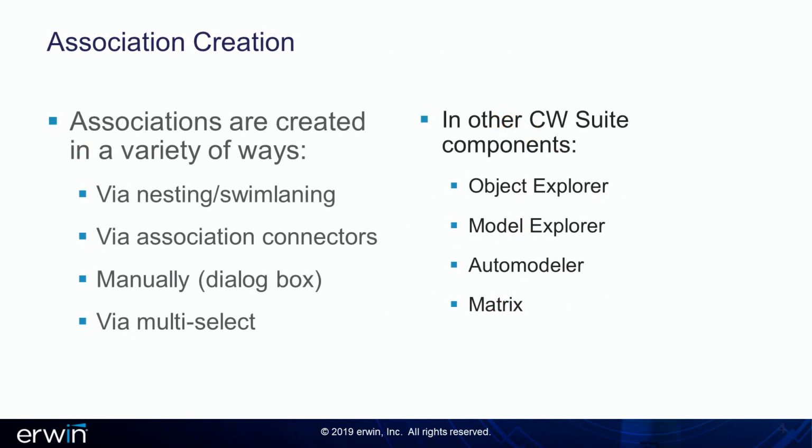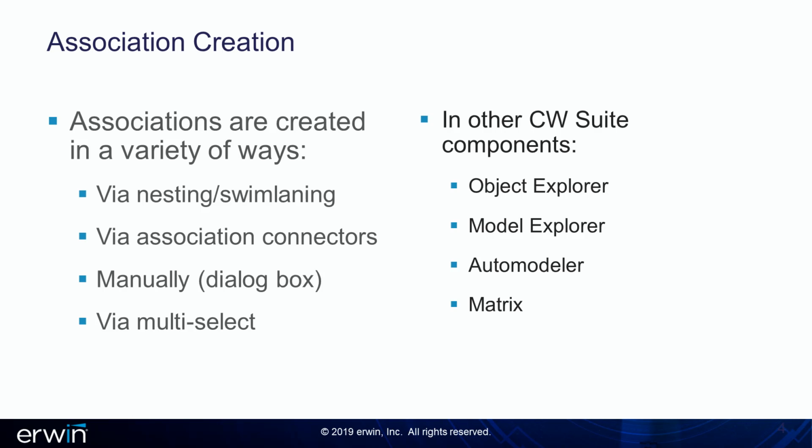There are multiple ways to create associations. For instance, when we created those swim lane diagrams in a previous module, when you drag a process into a swim lane, that creates an association for you. You can also use what are called association connectors.